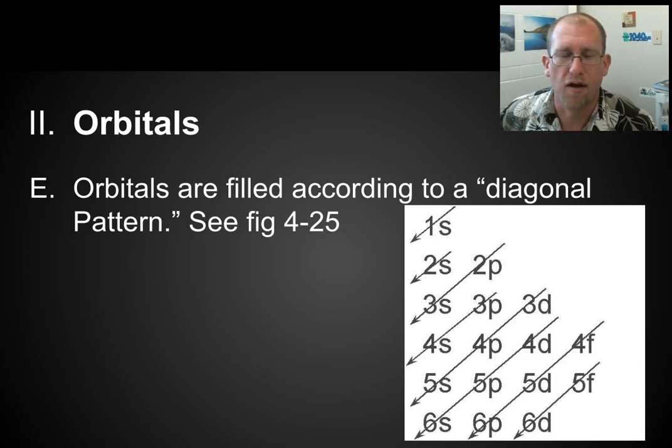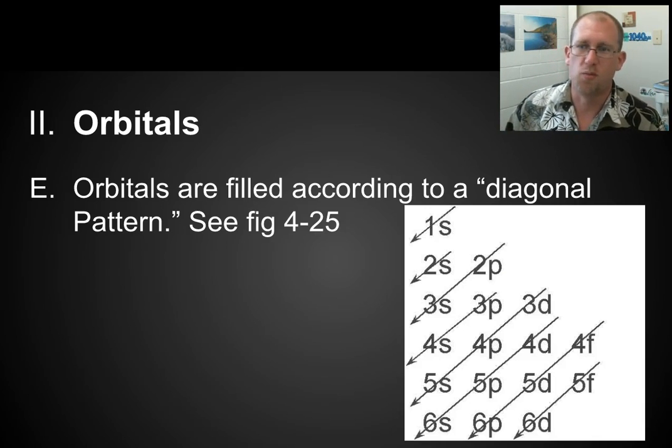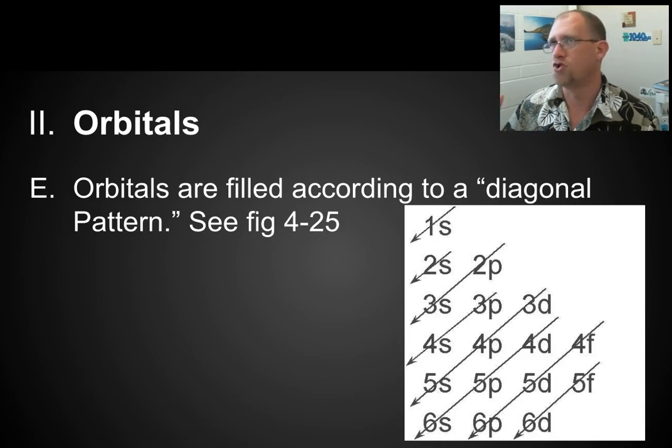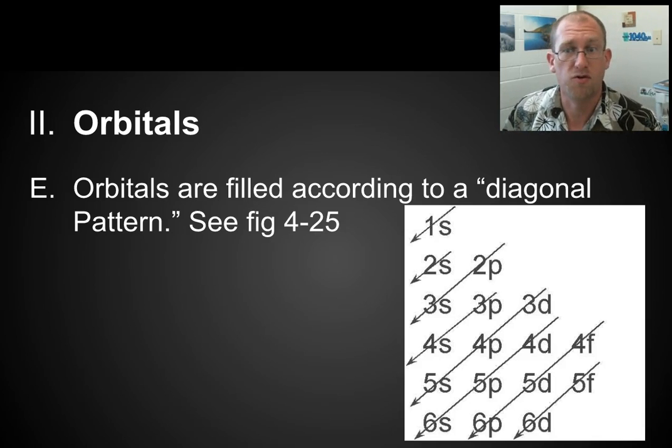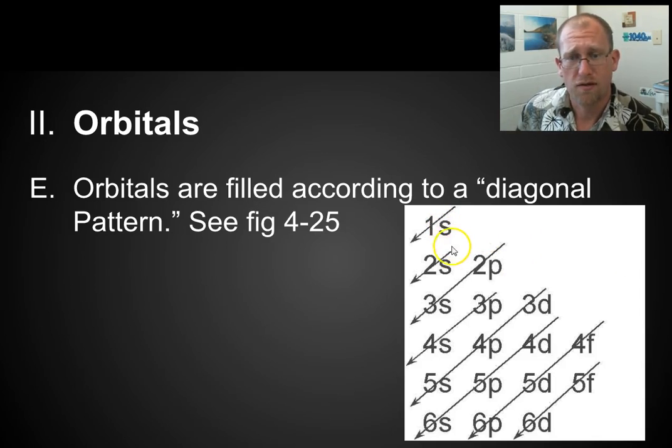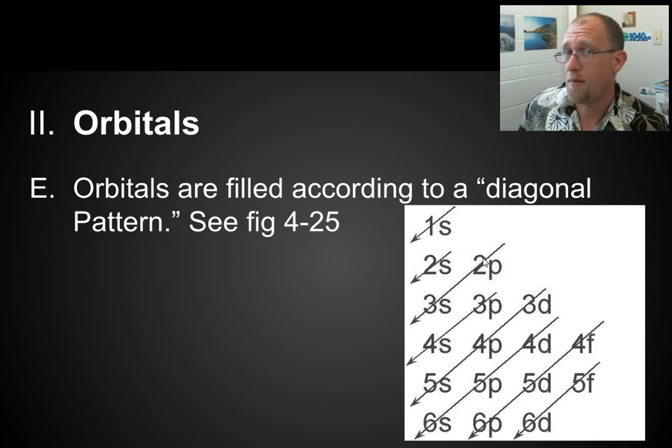But if you pick a bigger element, let's say we pick element number 27, okay? Element 27. I fill 2 here, I fill 2 here, I fill 6 here, so now I'm up to 10. Fill 2 here, I'm at 12. Fill 6 here, I'm at 18.